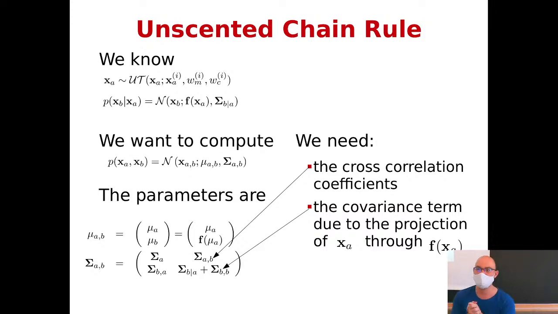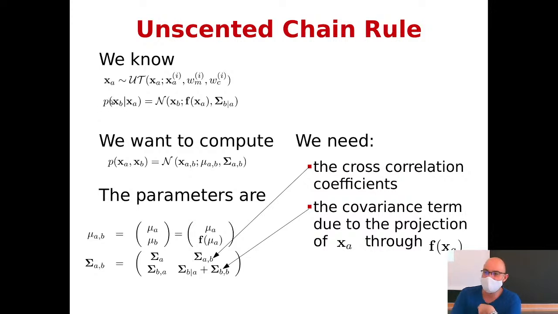Now, imagine that we live in this funky unscented world. The chain rule is defined by having a random variable xa, which is described once again as an unscented transform. Because that's what we're talking about today.